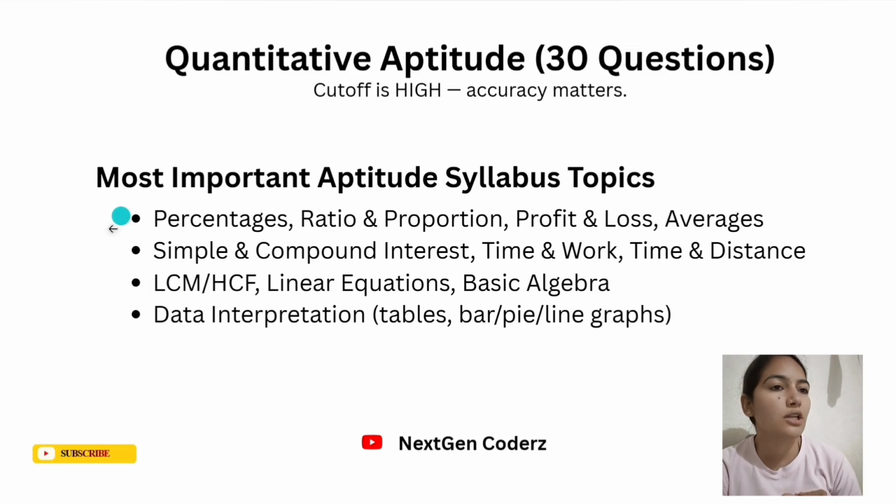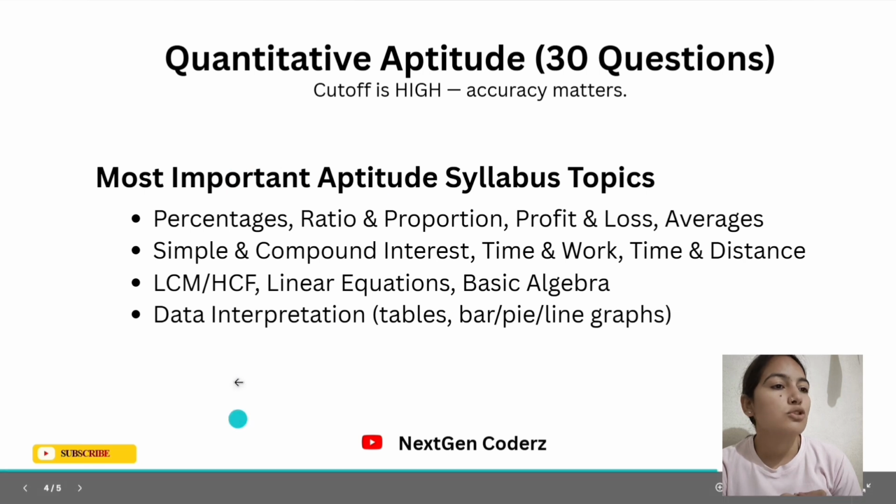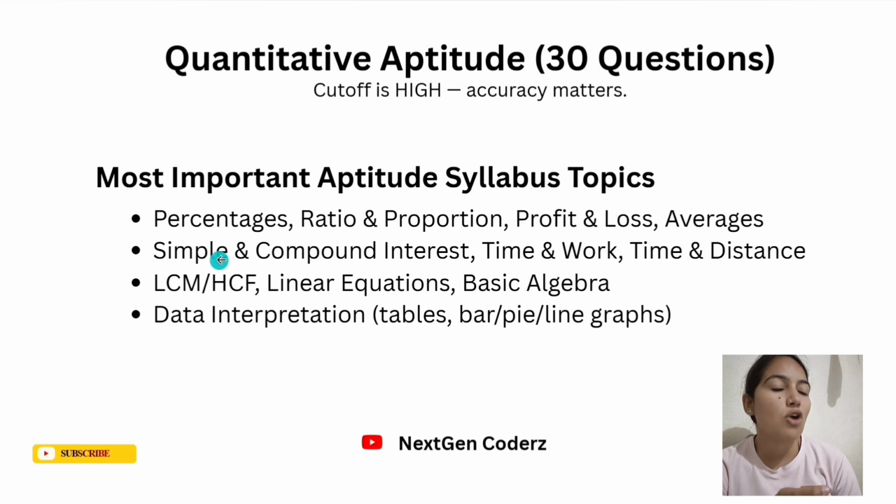I have also included some of the most important quantitative aptitude syllabus topics. These are the most important topics for Cognizant and any other company as well. So you must prepare topics like percentage, ratio and proportion, profit and loss, average, simple and compound interest, and data interpretation.